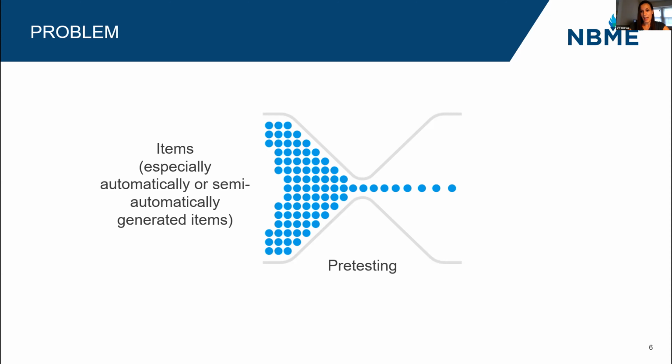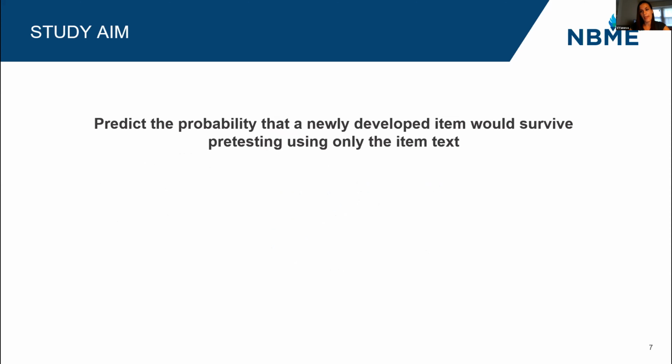As nice as this sounds, it is actually incredibly challenging because all we have at the time when we have just written our items and have not yet pretested them is the item text. So what we need to do is predict item survival through extracting features from the item text.